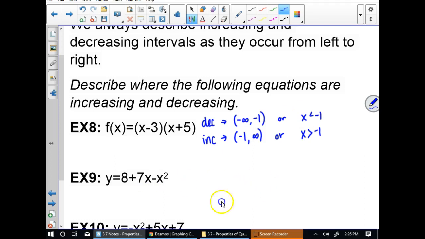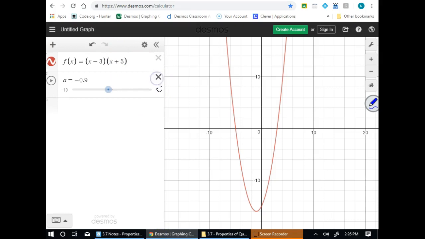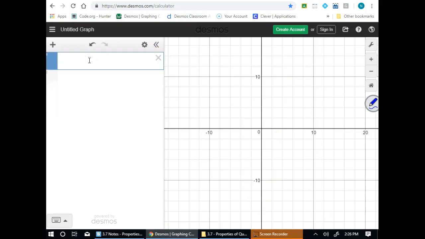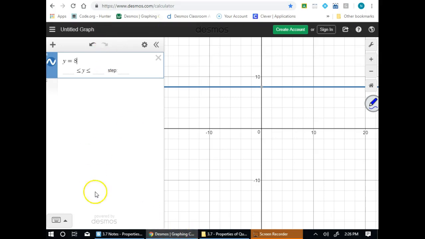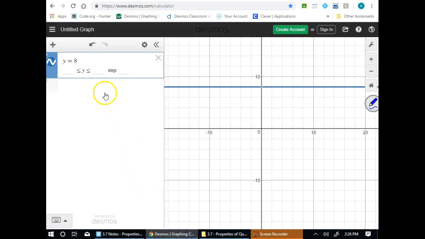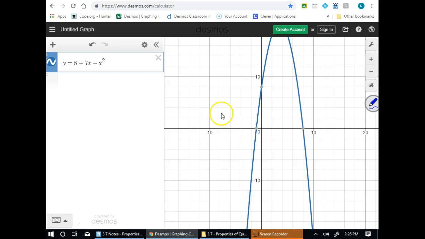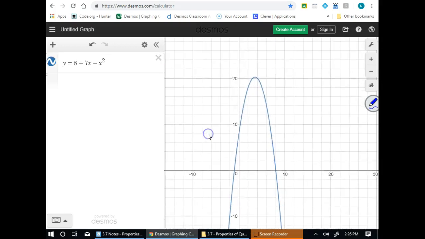8 plus 7x minus x squared. So if we graph that real quick here, let's get rid of this. Y equals 8 plus 7x minus x squared. And let's zoom out a little bit so we can get a better graph here.